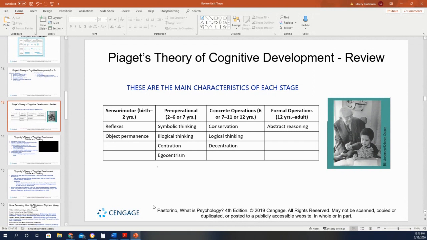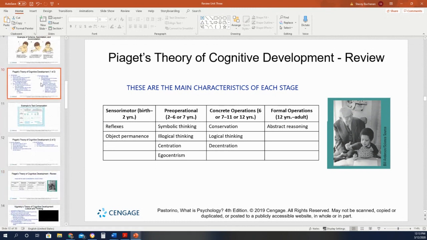The stick can symbolize something else, which object permanence is needed because before you have object permanence, if something wasn't in your line of sight, as you recall, it didn't exist. So centration and egocentrism are also issues during this stage.